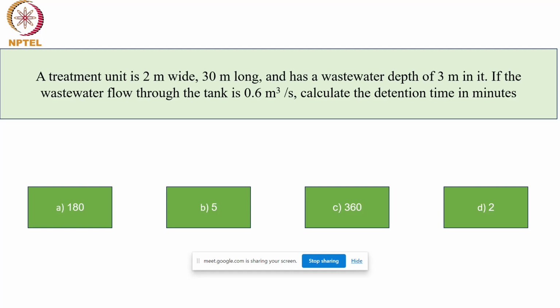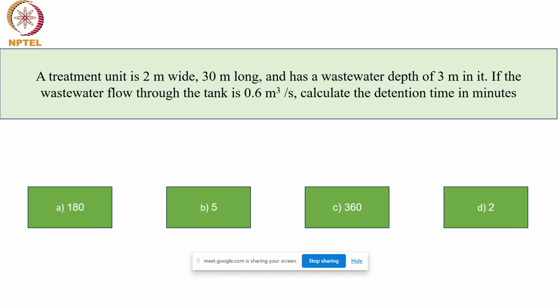Since it's majorly a numerical session, beginning with the first question: a treatment unit is 2-meter wide, 30-meter long, and has a wastewater depth of 3 meter. If the wastewater flow through the tank is 0.6 meter cube per second, calculate the detention time in minutes.